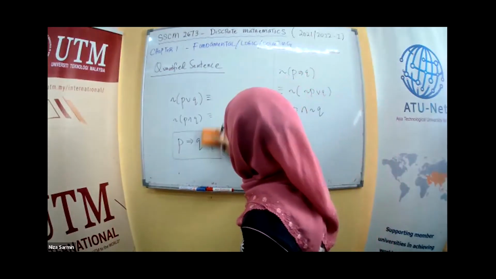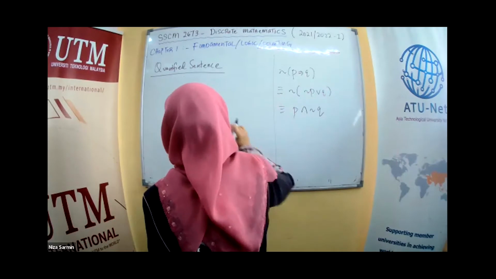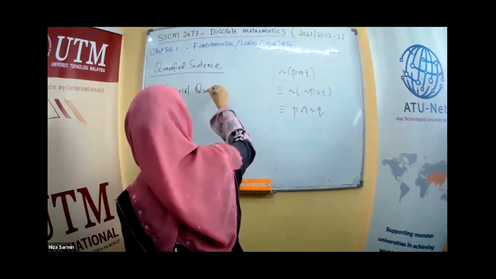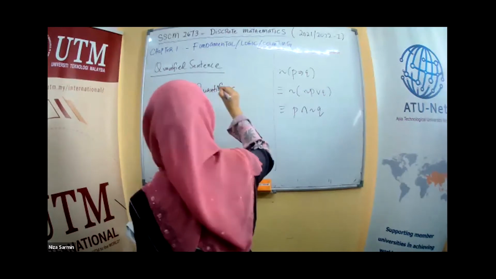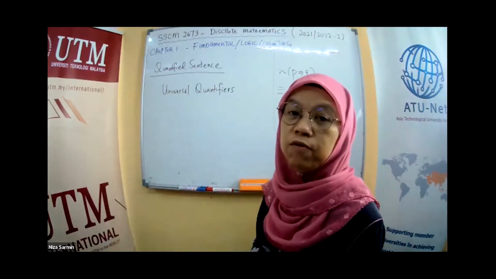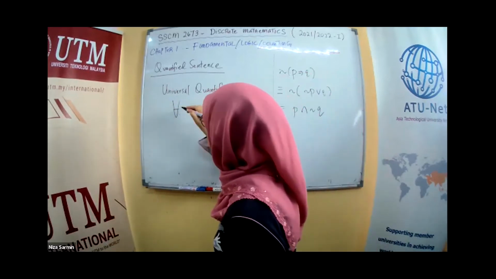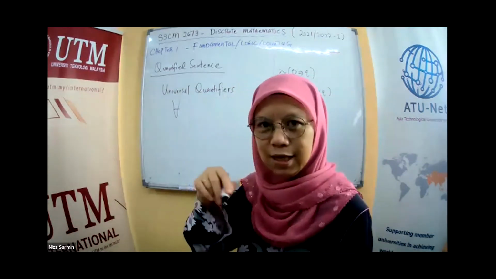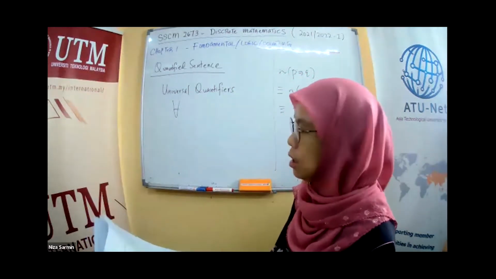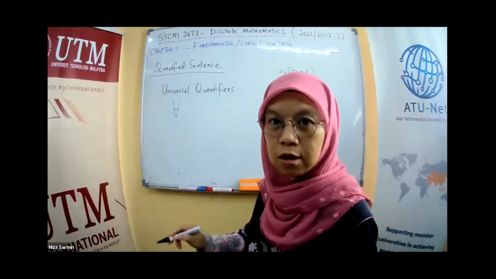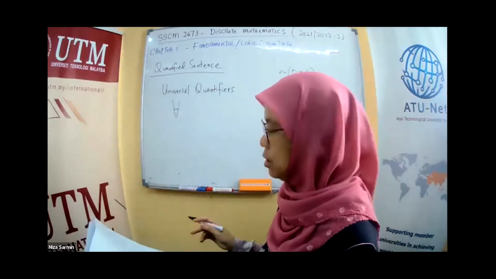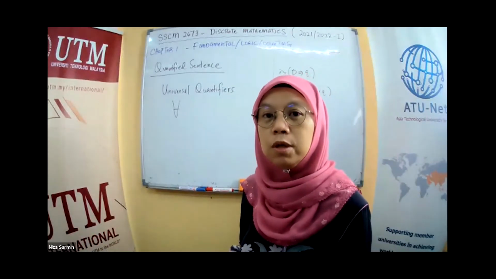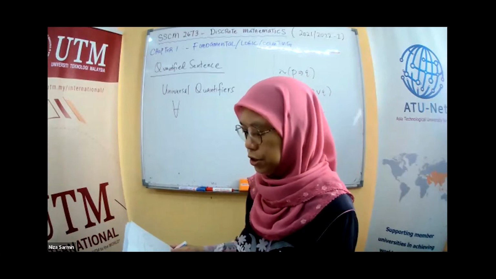So we start with universal quantifiers. And the symbol is A terbalik. The other one is E. Sungsang kan? Okay. You call this for all or for each, for everyone, for anyone. Okay, but normally we will use for all or for each.